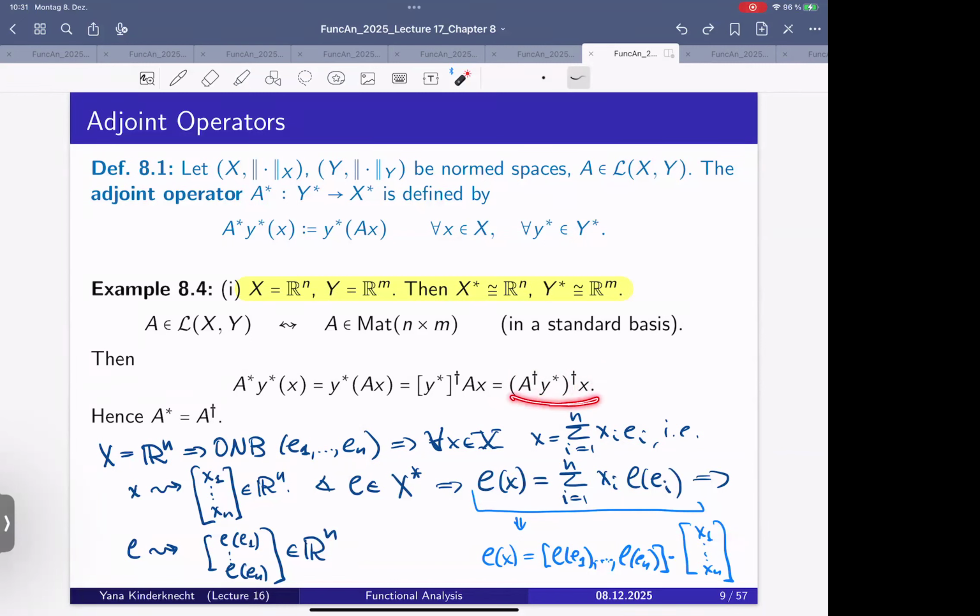This means that this is the action of this linear functional on element X. And this means that this linear functional is the same as this linear functional. Hence, we have clarified what A star is. A star is just A transposed.